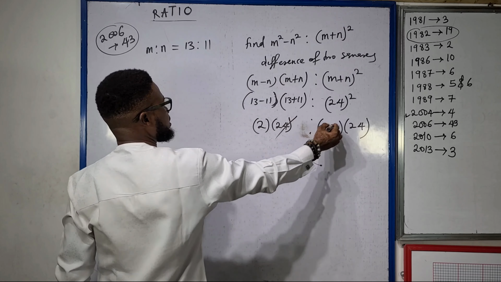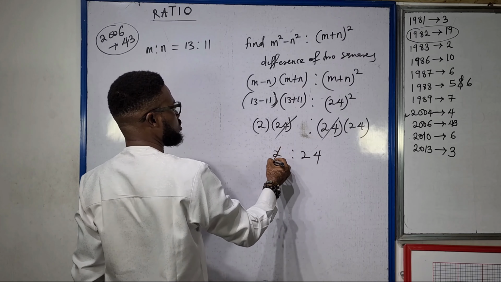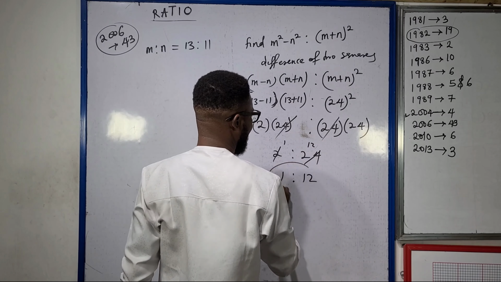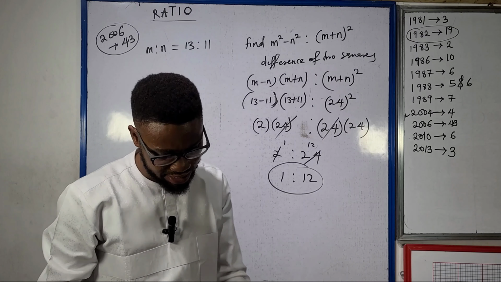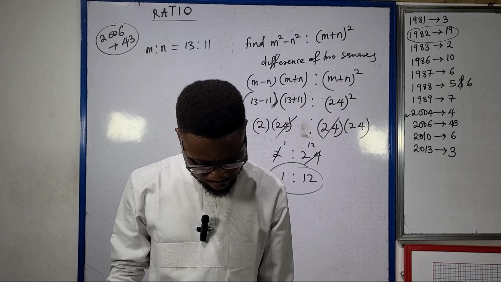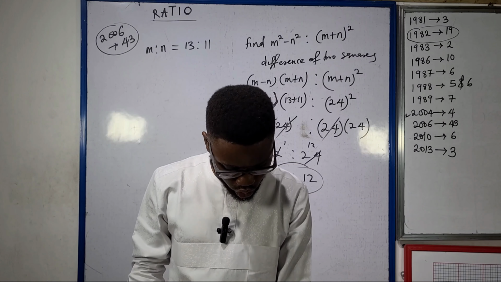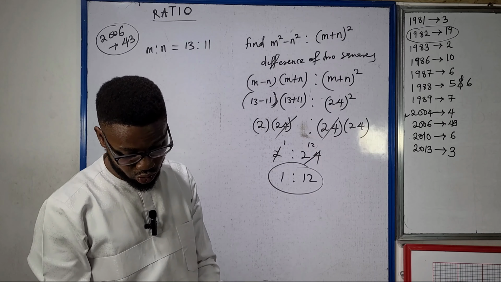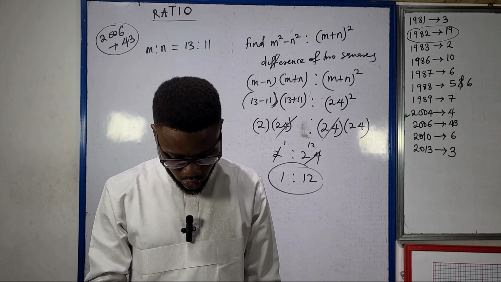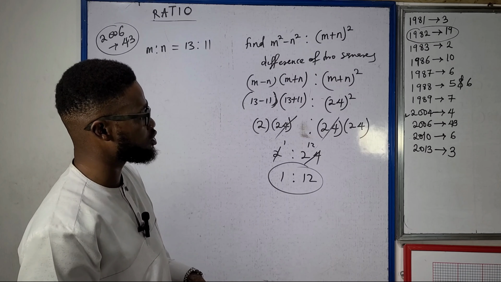So 24 takes out 24, and we're left with 2 ratio 24. 2 into 2 is 1, 2 into 24 is 12. So 1 ratio 12. That is our answer. If you look at the options, that is option B. Very direct one there. Talking about 2006 question 3.